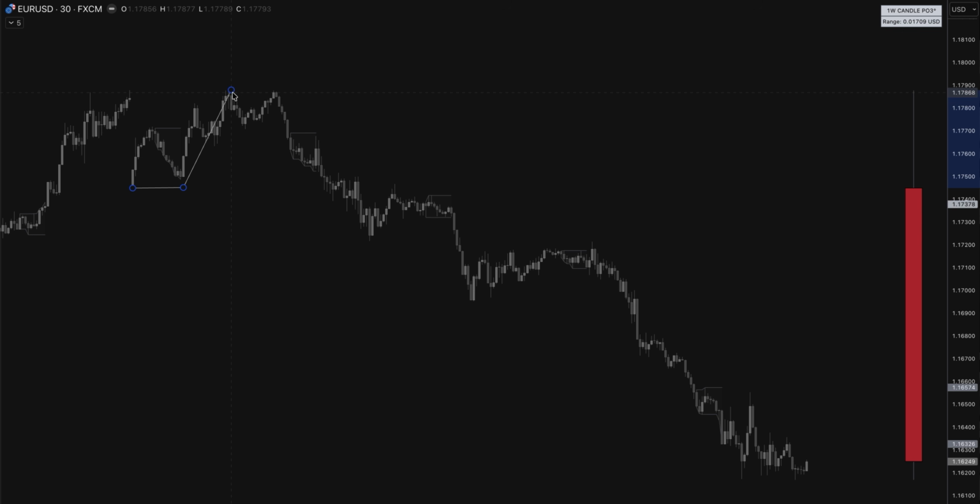So power of 3 is essentially the idea that once price opens and on Monday creates either the high of the week or the low of the week, we can expect the remainder of the week to head in the opposite direction. Now this isn't absolutely set in stone. The high of the week could be created over Monday and Tuesday, but essentially you just want to see a high or a low created.